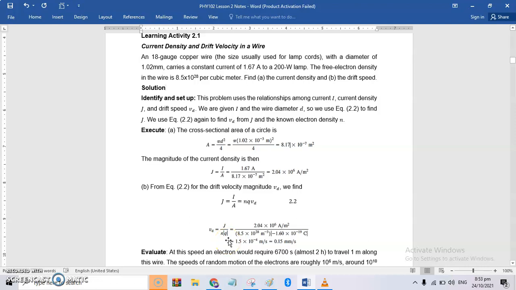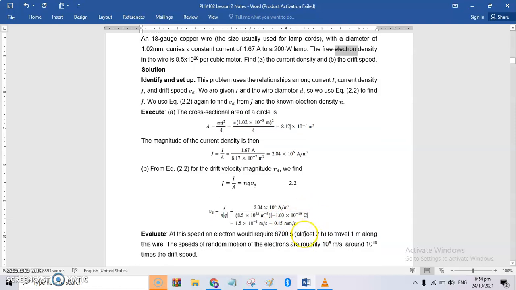Since the charge is not given, what we know about the electron is that it has a charge of negative 1.60 times 10 to the minus 19 coulomb. Remember that. The electron has a charge of negative 1.60 times 10 to the minus 19 coulomb. Our target is how it became this.